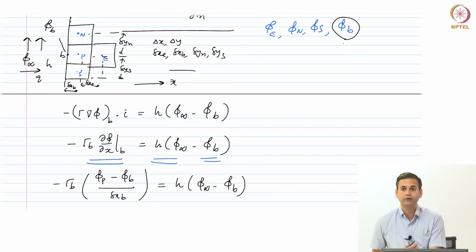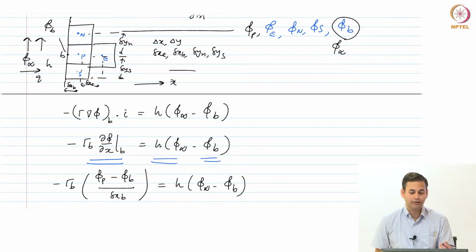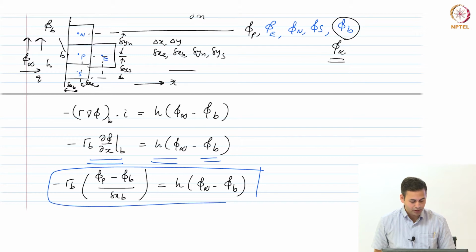Let us get rid of phi b and have a dependency on phi infinity, and of course on phi p, which you will calculate. So we want to obtain an expression for phi b from this relation, in terms of phi p and phi infinity. Yes, we can, so that's what I'm going to do.